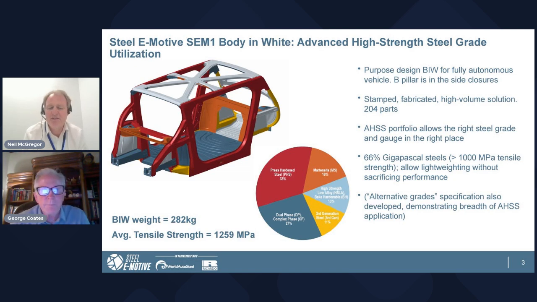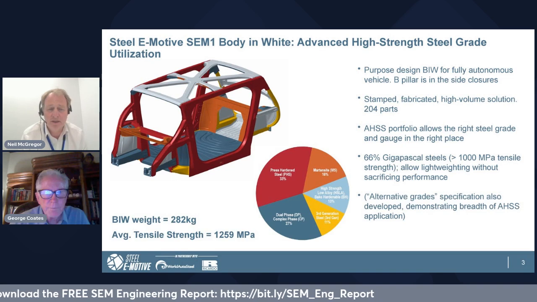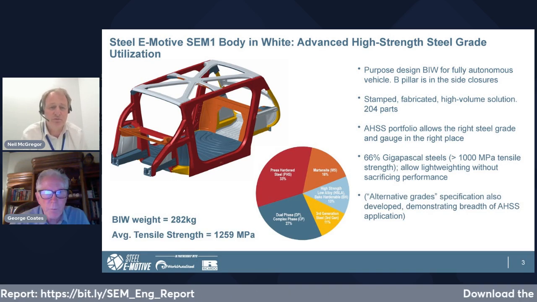It looks a little bit different than a conventional body in white. You can see that there's no B pillar. We took the B pillar out and put that in the doors to give us better access. The body is stamped and fabricated for high volume production, consisting of around 204 individual parts.